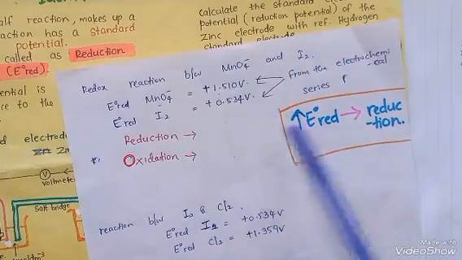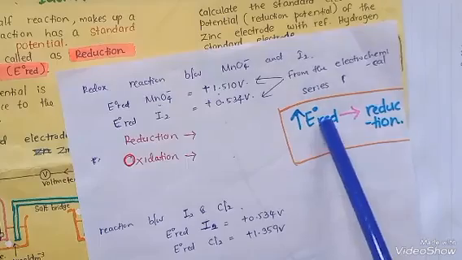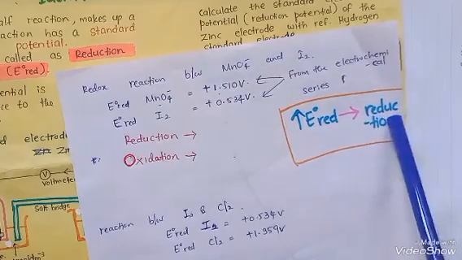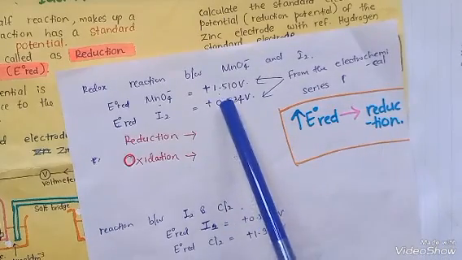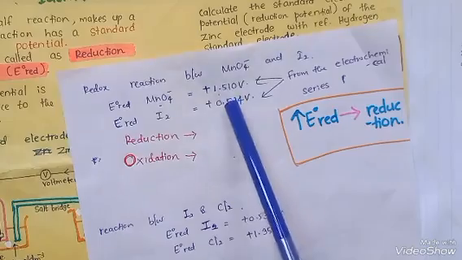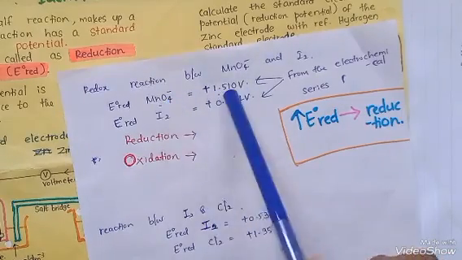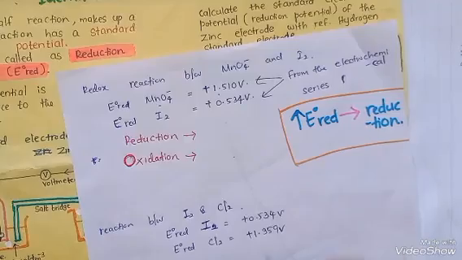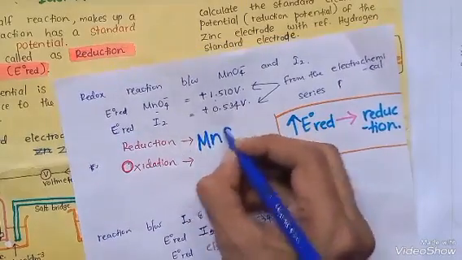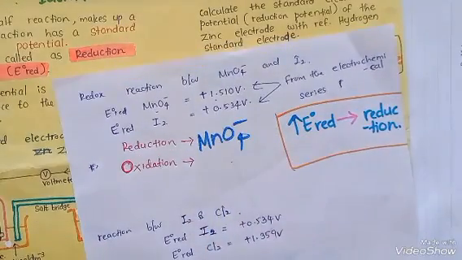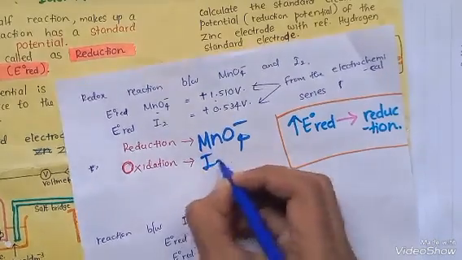So our rule is, the higher the reduction potential, the more it undergoes reduction. So what is going to reduce here? Reduction potential is higher in permanganate, therefore reduction occurs in permanganate ion, and oxidation, therefore, in iodine.